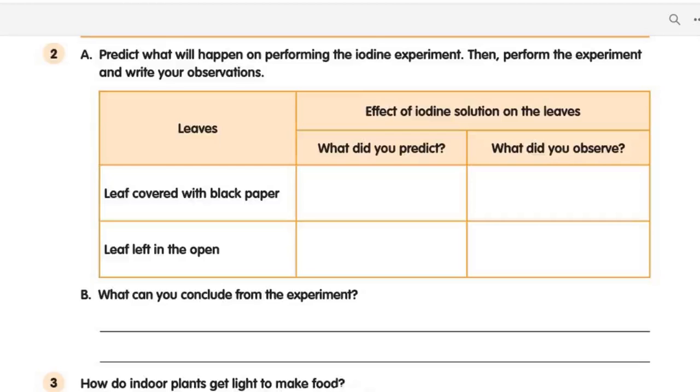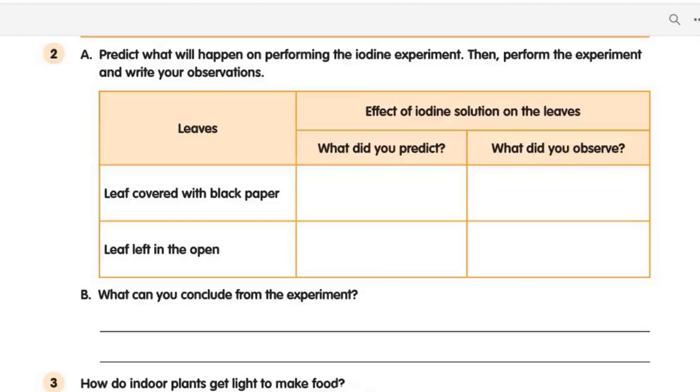You need to write what did you predict and what did you observe in the effect of iodine solution on the leaves. In the demonstration video, only 1 leaf is used and part of the leaf is covered with black paper, the rest of the leaf is open. In the column what did you predict, you need to write before doing the experiment what did you expect from the leaves. And in the second column you need to write what did you observe in the experiment.